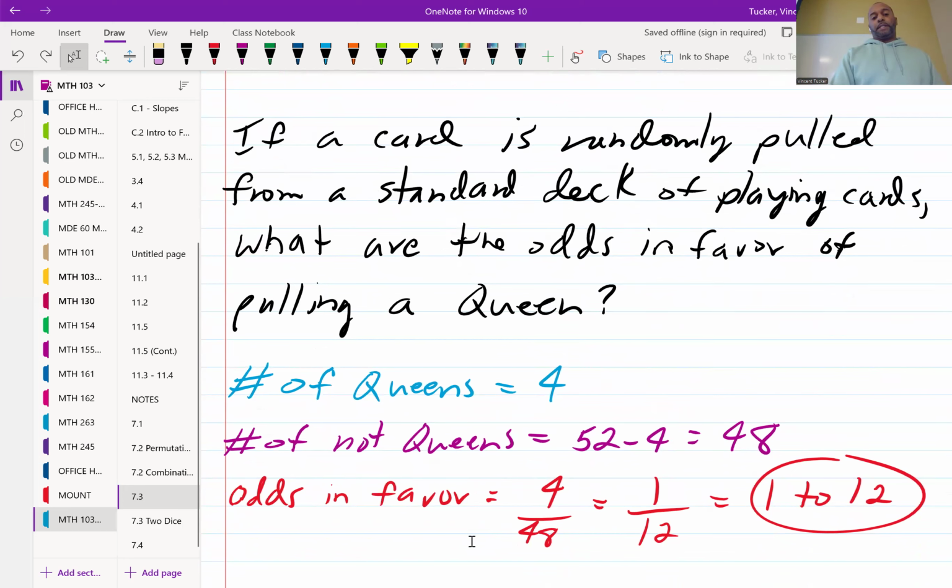To figure out how many cards are not queens, you do 52 minus the 4, which is 48. Very similar to what we did in the last problem, taking the total number minus the number of your event. And that's 48. So then odds in favor is that 4 over 48, which is 1 over 12, as you reduce by 4, which is 1 to 12.